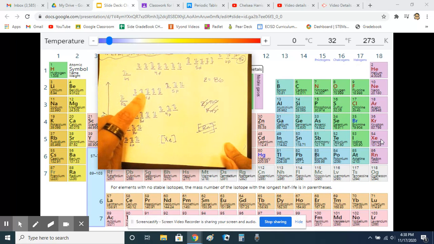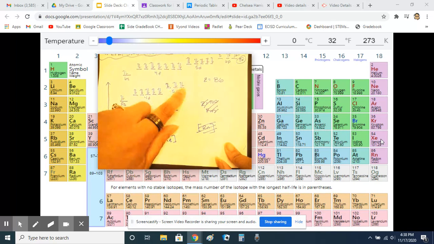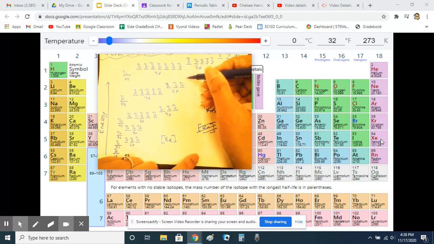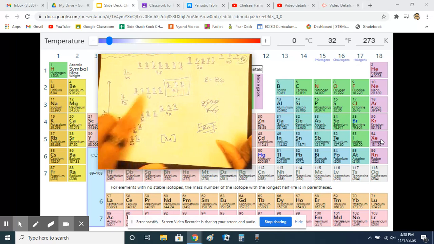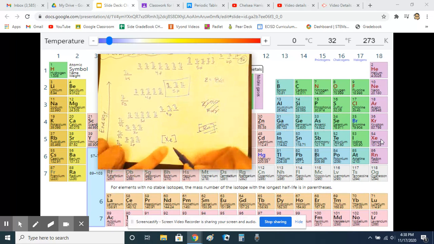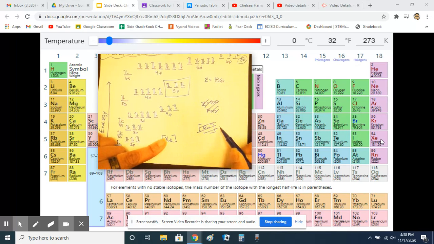I already forgot where I was. 44, 46, 48, 50, 52, 54. So the 54th electron was here in 5p. That would be xenon. And then we can pick up from there to get to 86, which is radon.